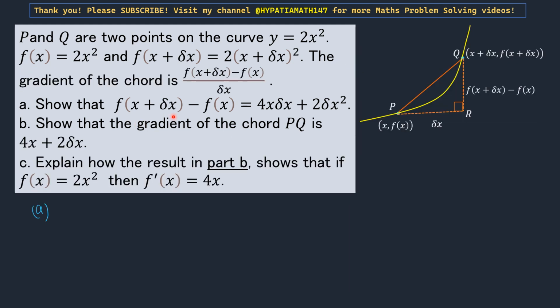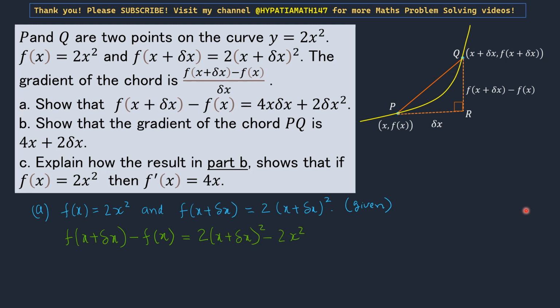So for part A, you can write f(x) is 2x squared and f(x plus delta x) is twice of (x plus delta x) whole squared. So that's given to us. From here, we take one from the other. So f(x plus delta x) minus f(x), if you subtract, would be equal to twice of (x plus delta x) whole squared minus 2x squared.